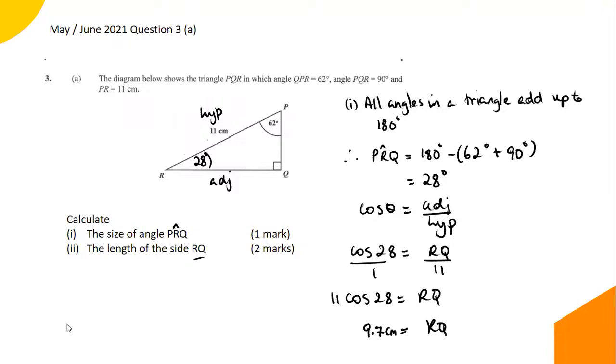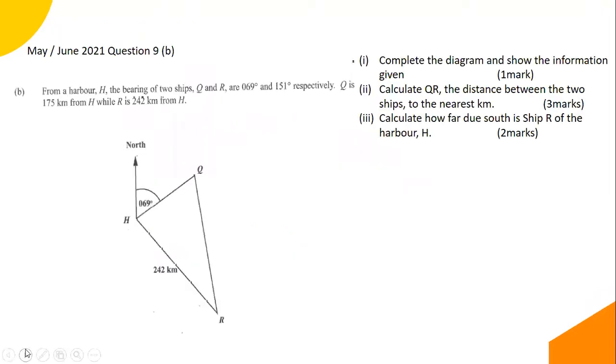We are now on the May-June 2021 question 9 part B. From a harbor H, the bearings of two ships Q and R are 69 degrees and 151 degrees respectively.